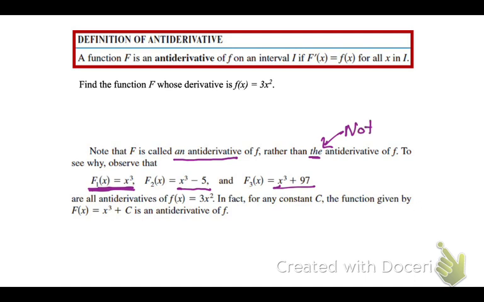So x cubed was an option, but it could have been x cubed minus 5, or x cubed plus 97, or x cubed minus 16 over 5. Those are constants. So what we do is write it as f of x equals x cubed plus c.